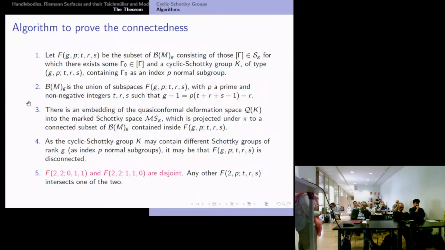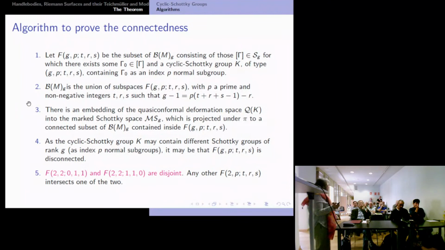And in fact, if P is at least 5, and R or S is not a multiple of the prime, they will be disconnected, for genus at least 6. So we know this is disconnected.